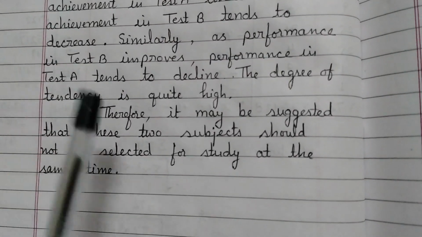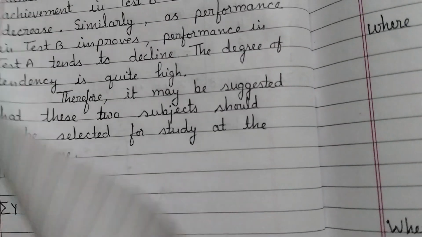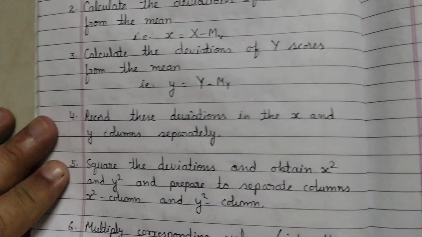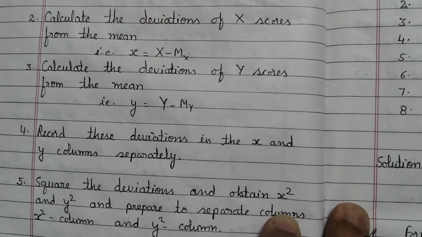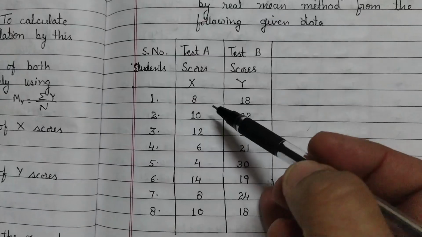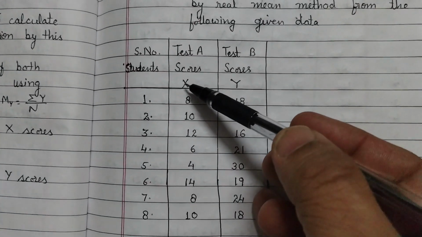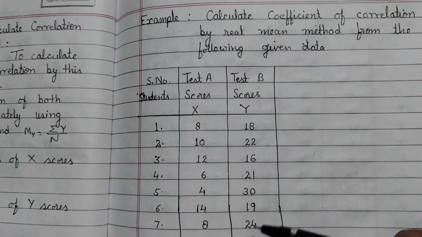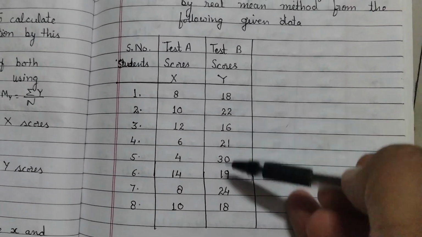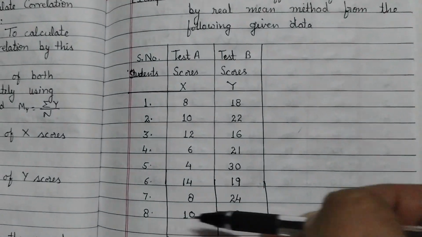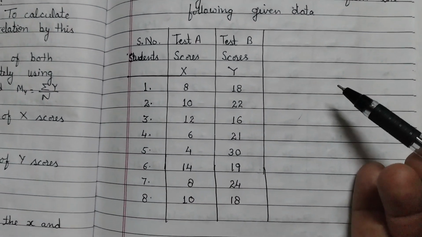So in this way, by the real mean method, we can calculate the correlation. And again, coming to the point that is very clear: watching these scores in the X column and Y column, if the Y column scores are higher and the X column scores are lower, it means that negative correlation will be obtained.